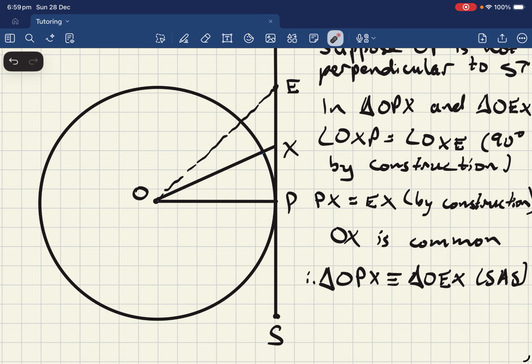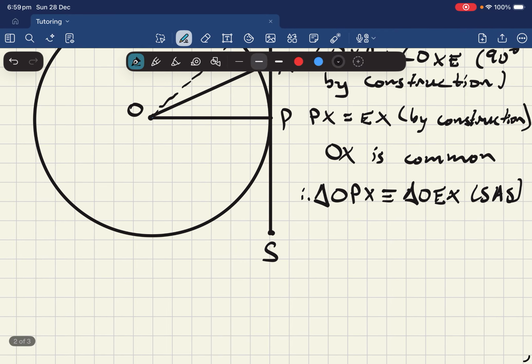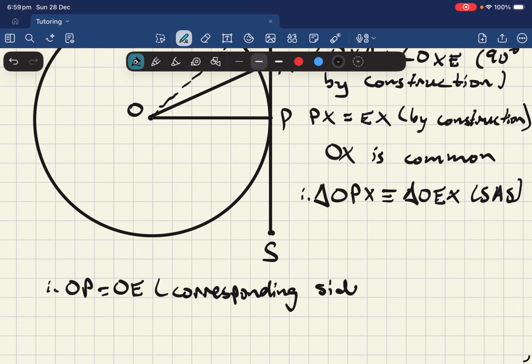Now, since these are congruent, then OP must be the same as OE, since they're corresponding sides in congruent triangles. So let me write that in. Therefore, OP equals OE, corresponding sides in congruent triangles are equal.